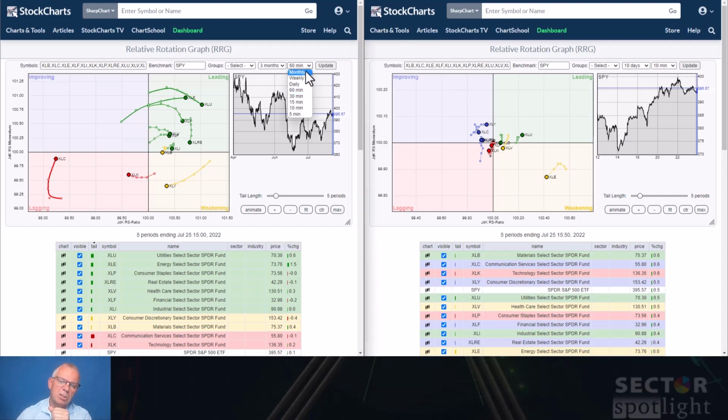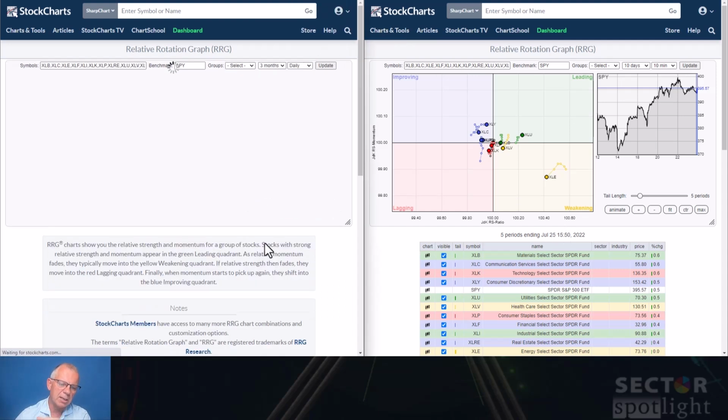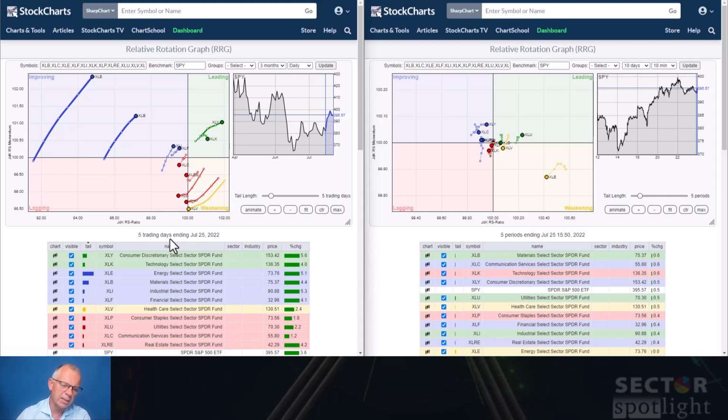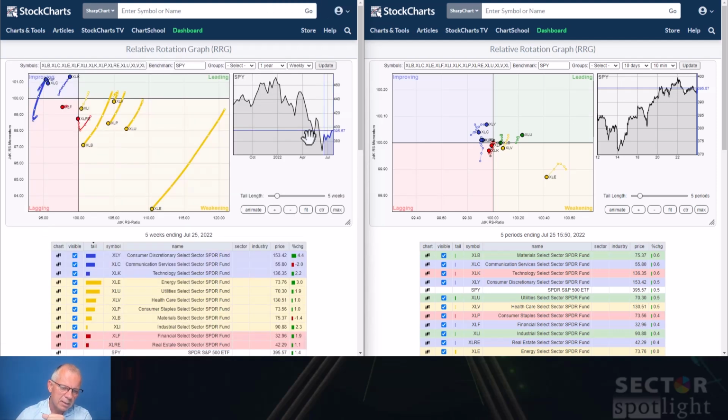If I change this to a daily, then you will see that it's 5 periods, 5 trading days ending July 25. And if we do the weekly, then we get the 5 weeks ending July 25. But that is the week that starts on July the 25th. The percentage change is tied to the length of the tail. So here for 5 weeks, this is the percentage change.